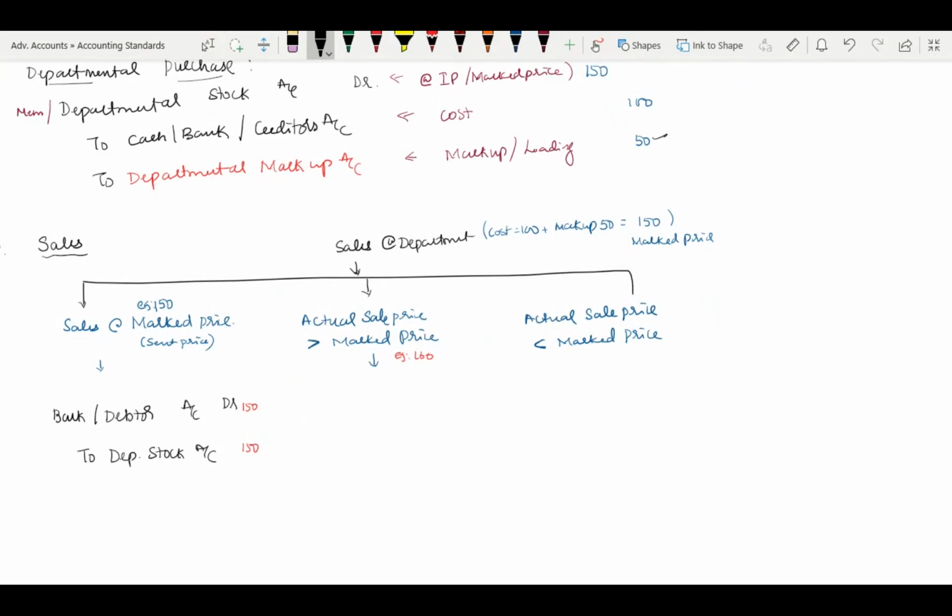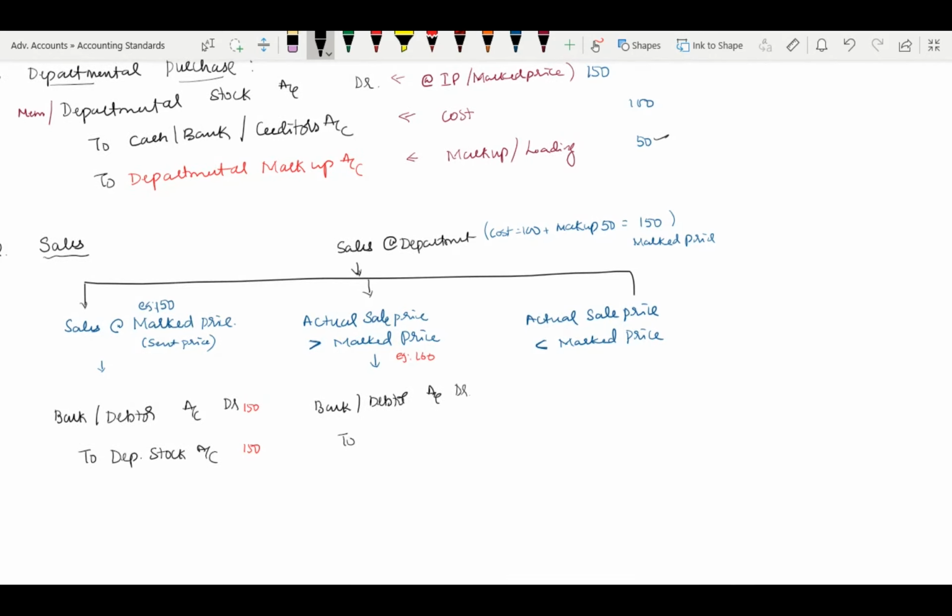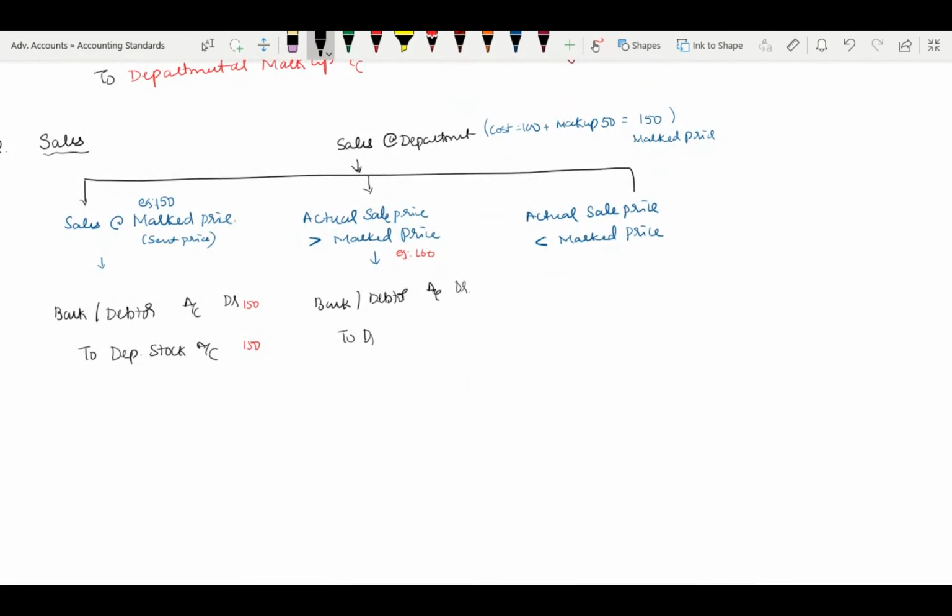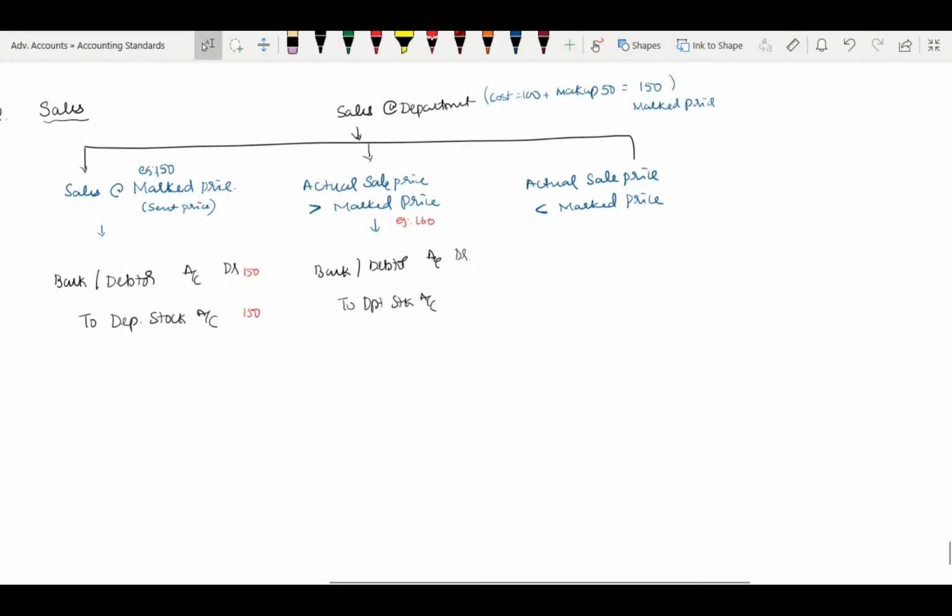That is the 10 rupee profit I have not recognized. Therefore, in the loading account, the 10 rupees I have to increase. Correct? So the entry: bank or debtor account debit to departmental stock account to the extent of market price. Extra, whatever the 10 rupees we earned, the 10 rupees we have to credit to departmental markup account.